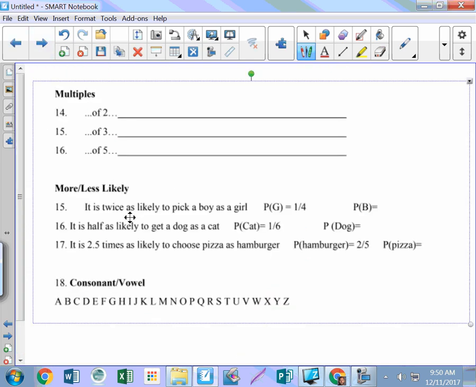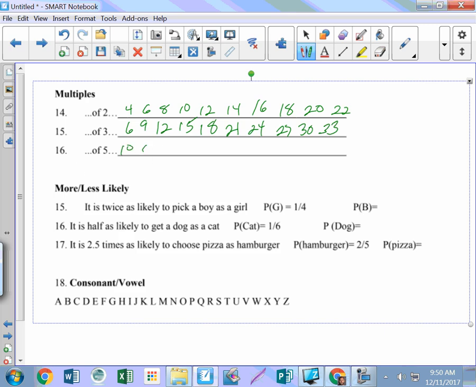14, you had to do multiples of each. So that's 2, 4, 6, 8, 10, 12, 14, 16, 18, 20. Then 3, 6, 9, 12, 15, 18, 21, 24, 27, 30, 33.